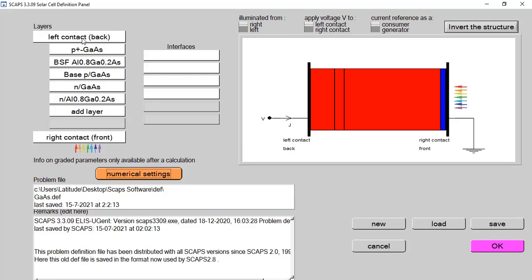in SCAPS 1D. So I just explained what the work energy function is. Work energy function is basically the amount of energy required to extract an electron from its metal surface. The more the energy, the more the probability of extraction of an electron from the metal surface.